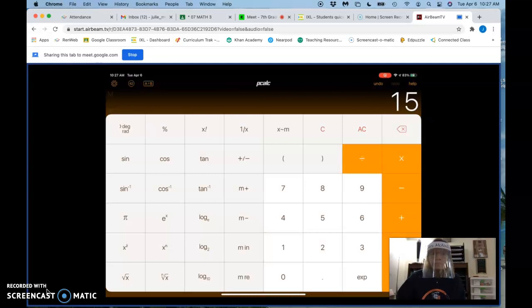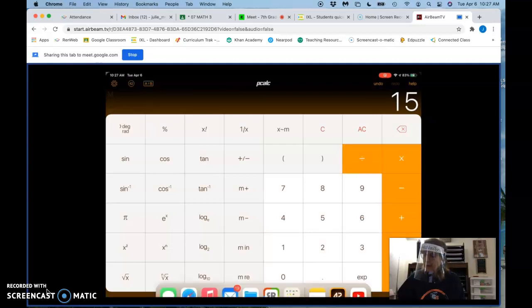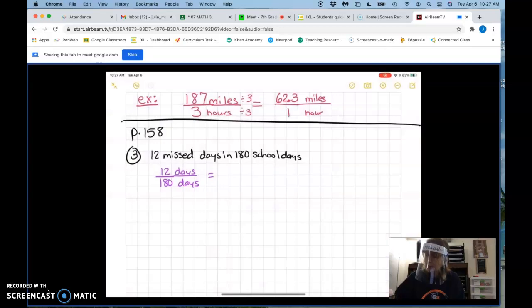Oh, it works, guys. So let's do it. 180 divided by 12. So that means I can divide the top and bottom of this fraction by 12 and make it in its simplest form. So 12 divided by 12, and 180 divided by 12 is 15.